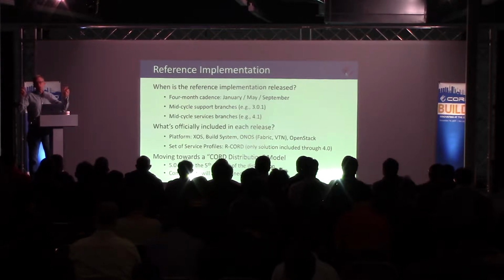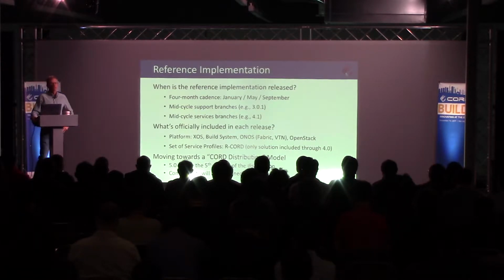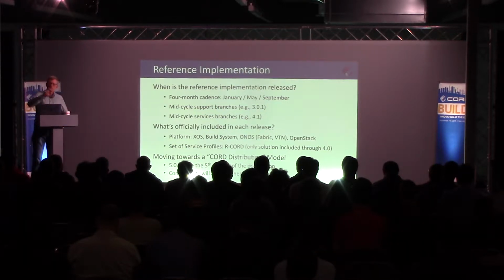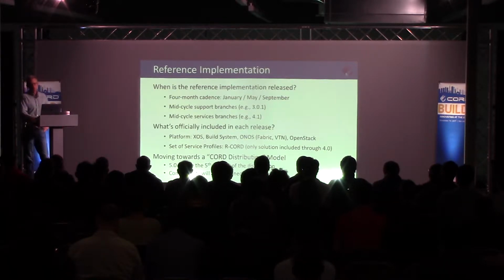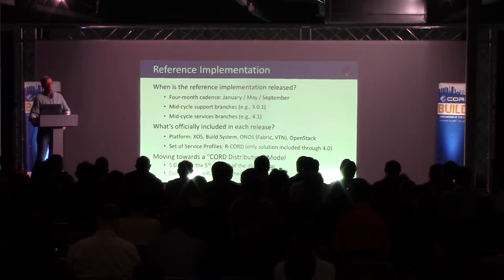Let's call that the 4.0 interfaces. We'll keep producing distributions, and for the time being, until we come up with something better, just number them sequentially, 5, 6, 7, 8, 9, 10, one every 4 months. But the individual components that get combined into a particular distribution will then be versioned separately. That's already happening to a large extent, but we're going to try to be a little bit more rigorous with that.